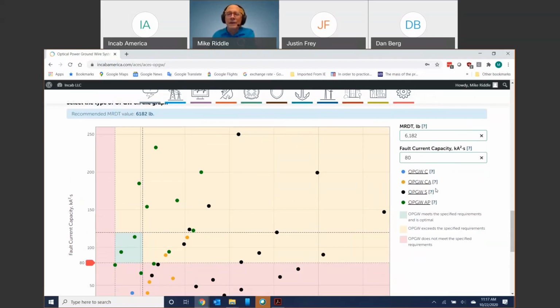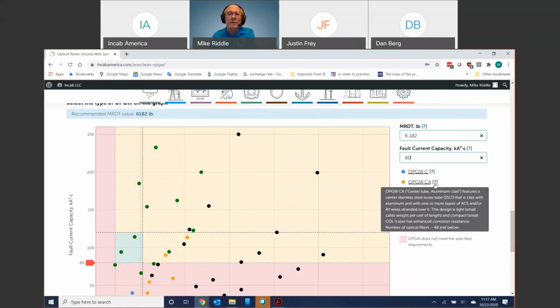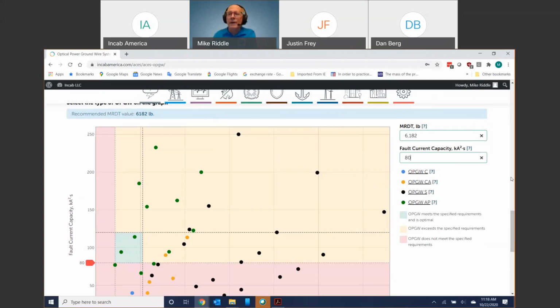A C cable is aluminum clad. One of our competitors calls it a centrocore. So it's a stainless steel tube in the center of the cable with aluminum cladding the stainless steel tube. That particular competitor puts their stainless steel tube in an aluminum pipe, but the net result is about the same.